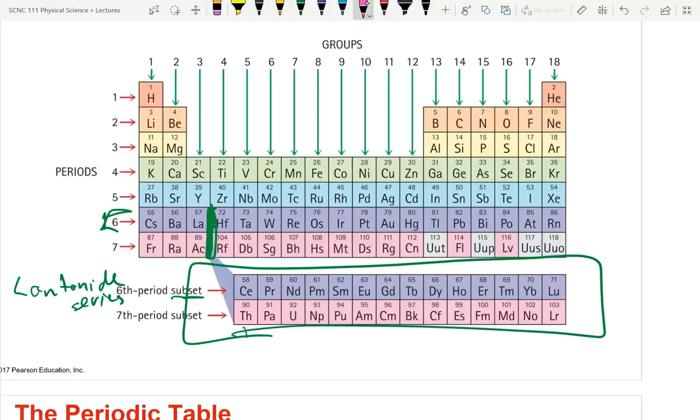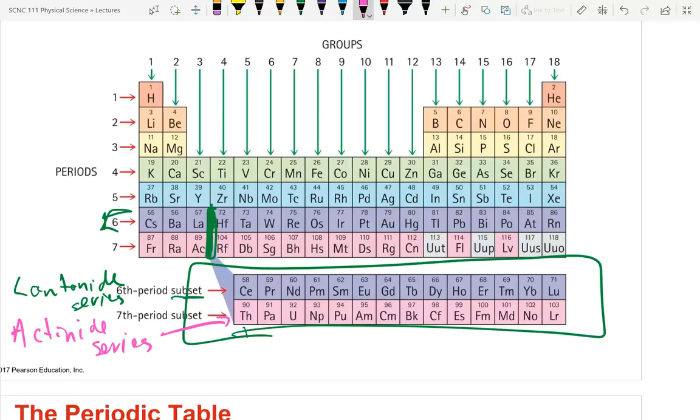So what would we call the next series? We have francium, radium, actinium. That's right. It's called the actinide series. So those are the series that follow the name.